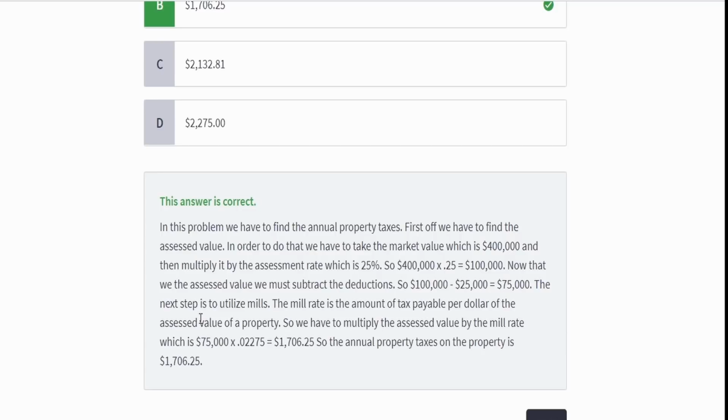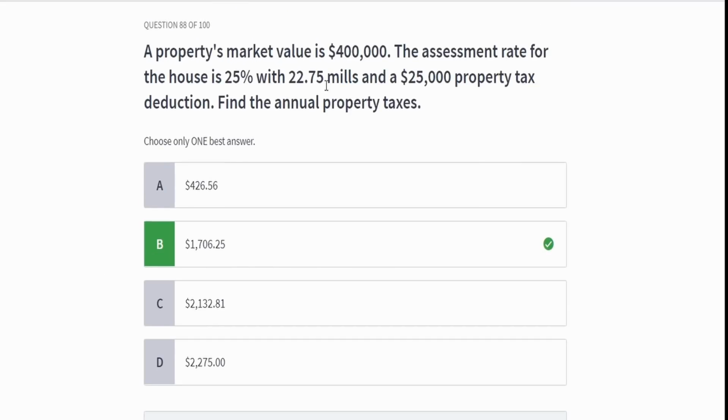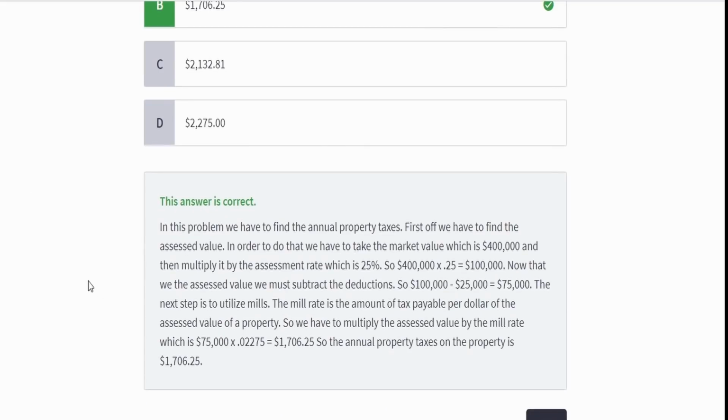Now the next step is to utilize mills. If you guys are unfamiliar with mills and mill rate, we do have a video on that as well. The mill rate is the amount of tax payable per dollar of assessed value. So you have to multiply the assessed value by the mill rate. That would be $75,000 times 0.2275.